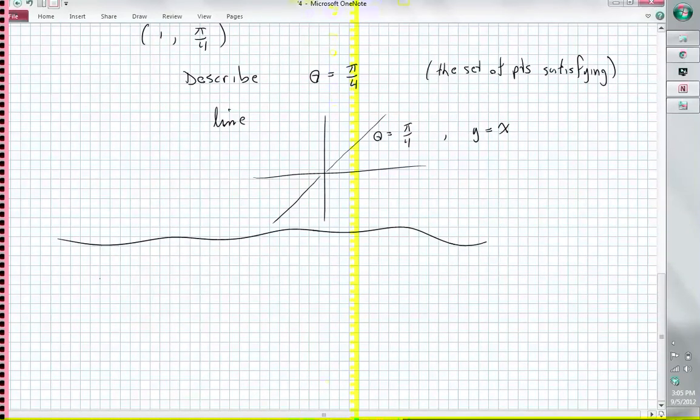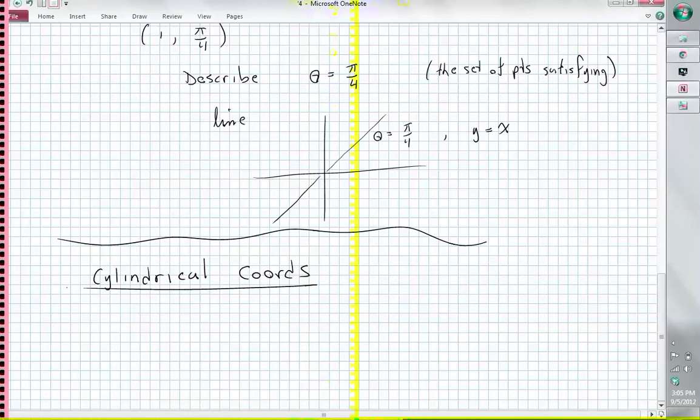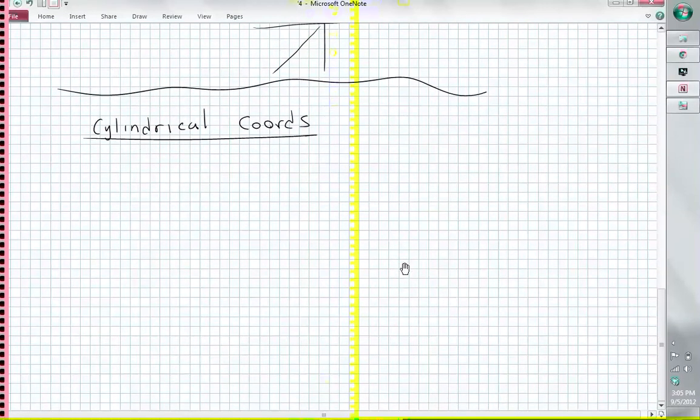Let's talk about cylindrical coordinates. It's sort of like you take the polar coordinate system and you add another dimension to it. It's really nothing more than that.